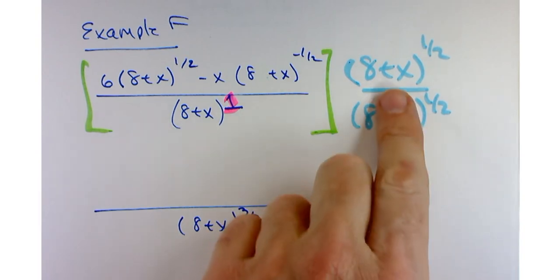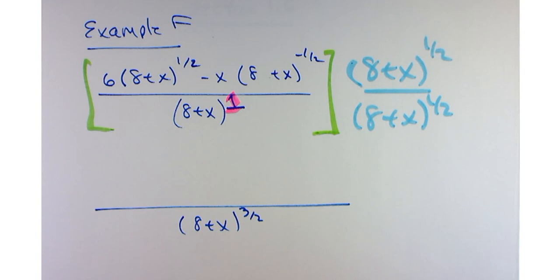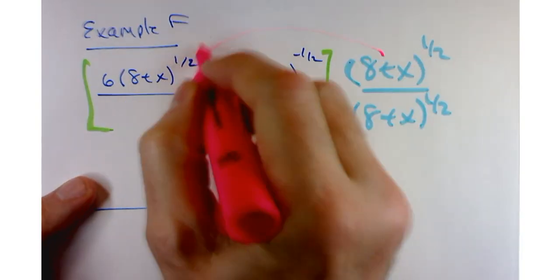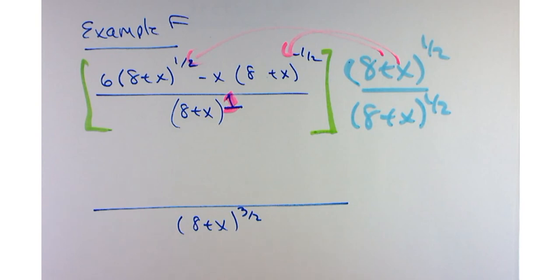Now, this term here has to distribute itself to both terms here. So I have that times this, and that times this. Let me write it out at length.